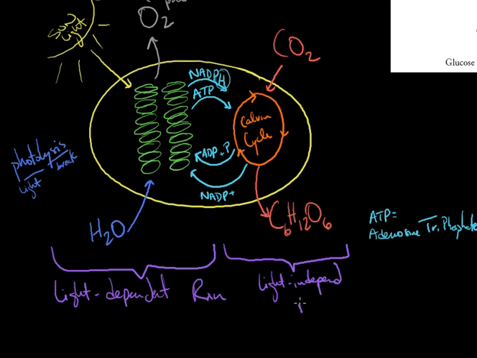Although it's not completely independent, because it still needs the electrons and the hydrogen that came from the light-dependent reaction. And the light-dependent reaction requires these molecules to be recycled from the Calvin cycle.